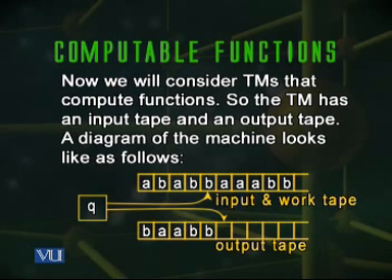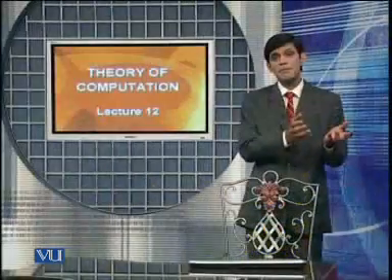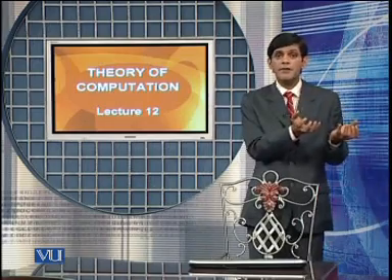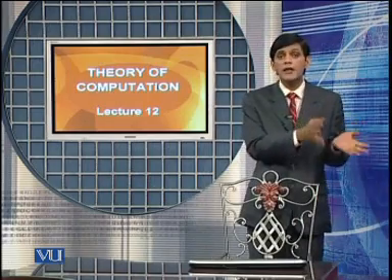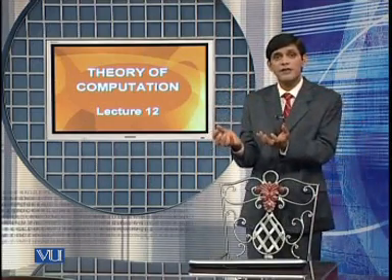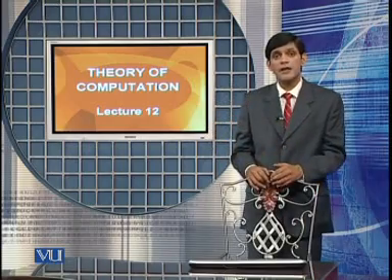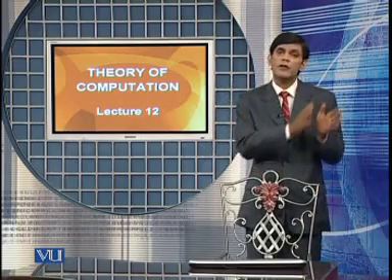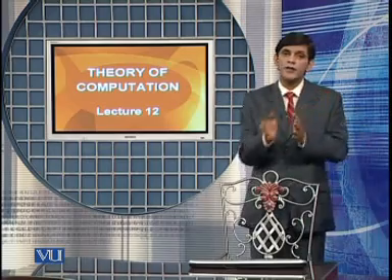Now, let us consider a function which maps sigma star to sigma star. So this function takes strings and maps them to strings. For example, it may take binary representations of numbers and compute the binary representation of the square of a number. But this function goes from sigma star to sigma star.